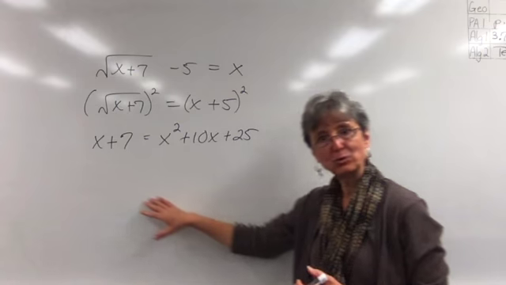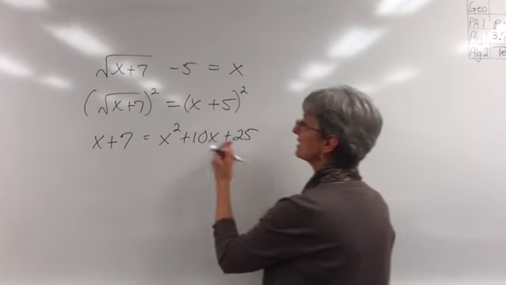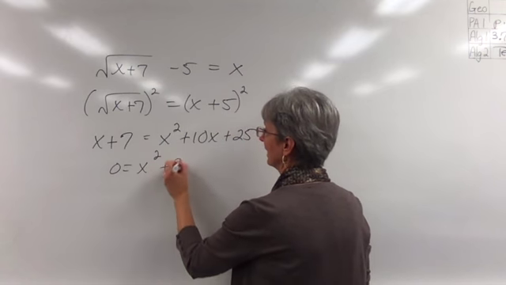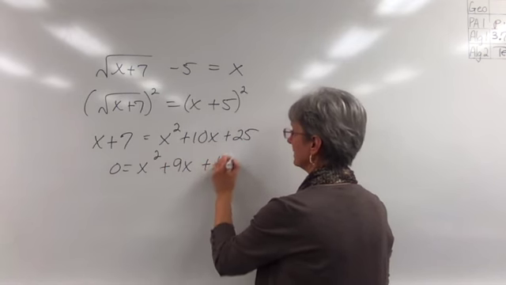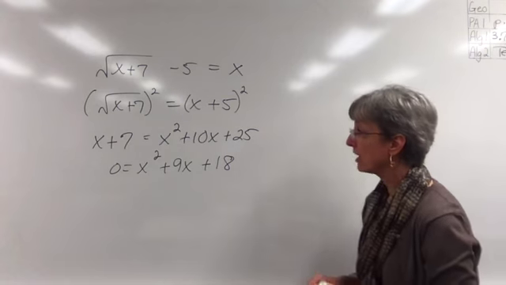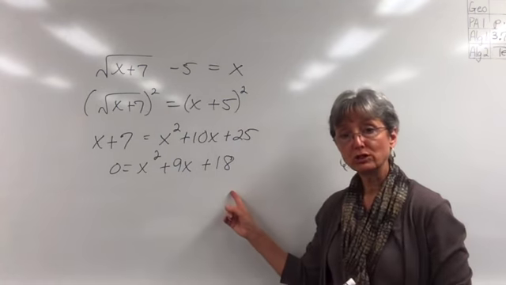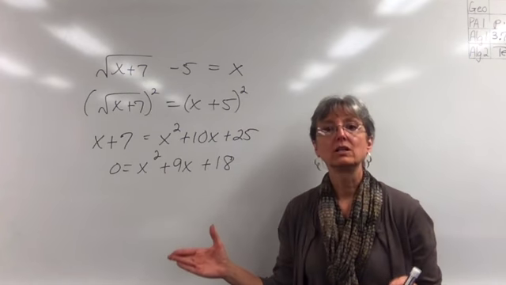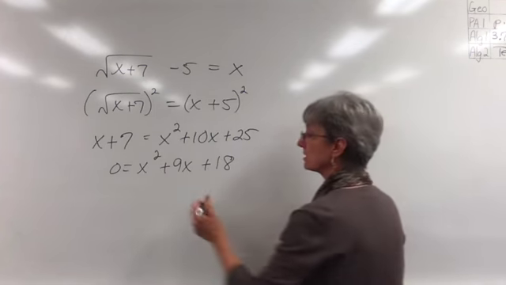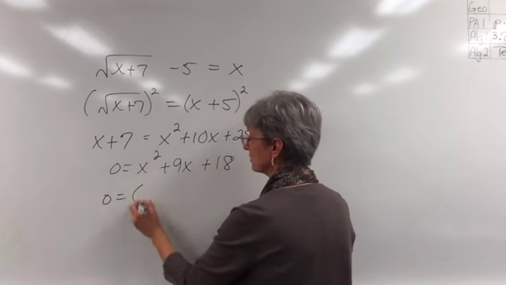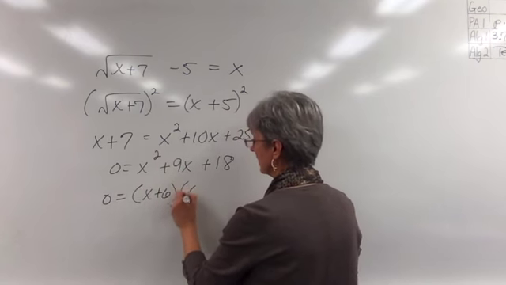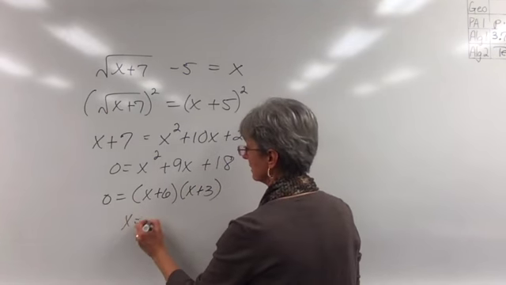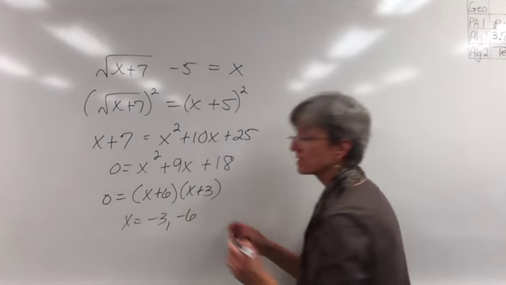So set it equal to 0, subtract x and subtract 7 from both sides, and we get x squared plus 9x plus 18. And now, are there numbers that multiply to be 18 and add up to 9? And there are, 6 and 3. So this factors to be x plus 6 times x plus 3, which means x is -3 and -6.